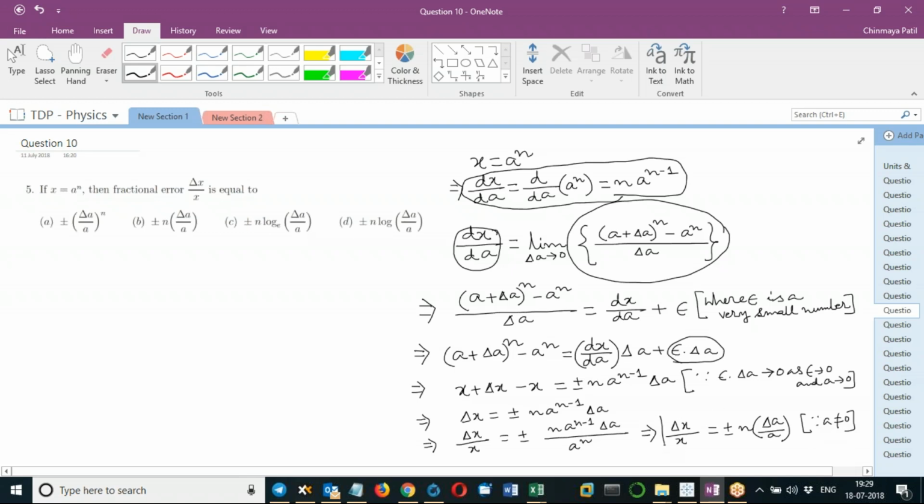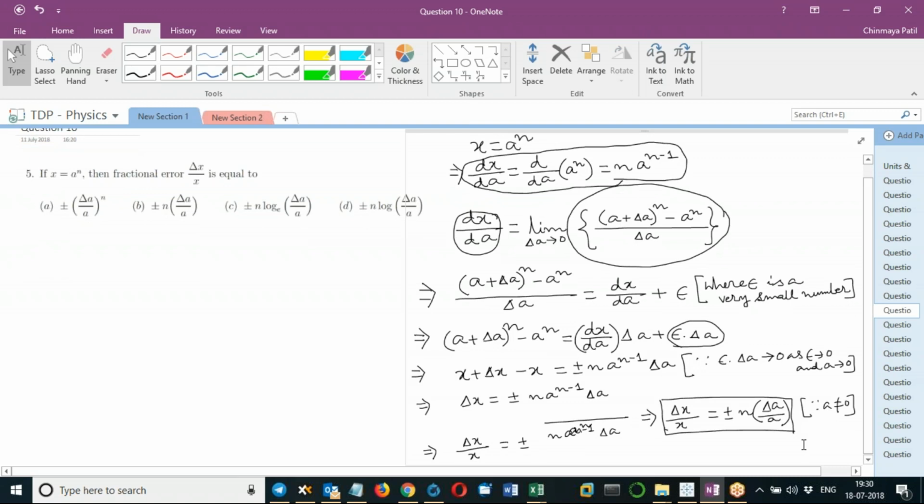This is the correct option: delta x by x equals plus minus n into delta A by A. So option B is correct.